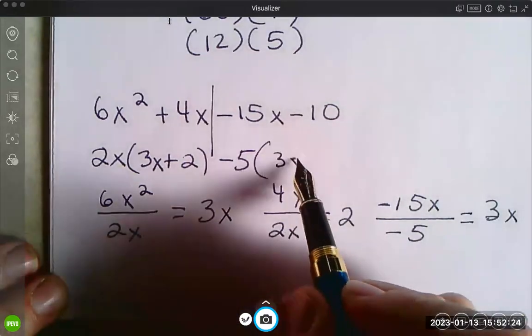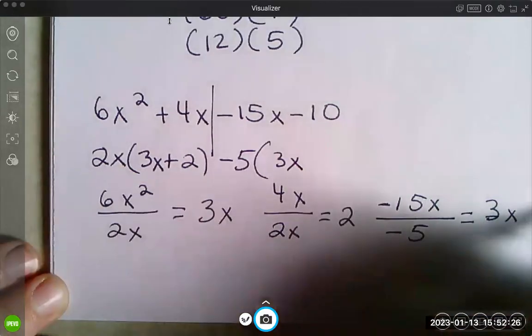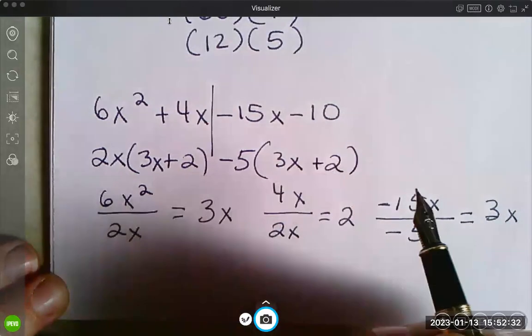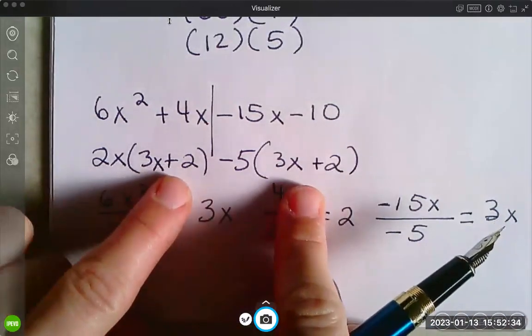So 3x. And then -10 divided by -5 is +2. All right, I got my identical twins.